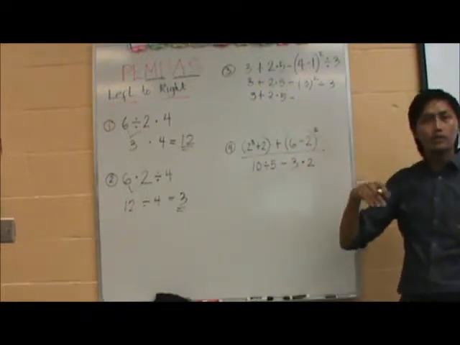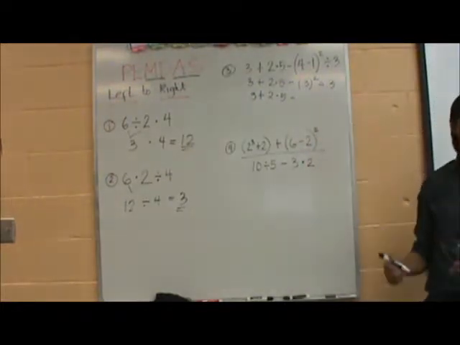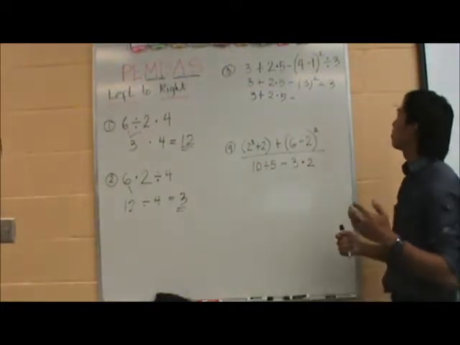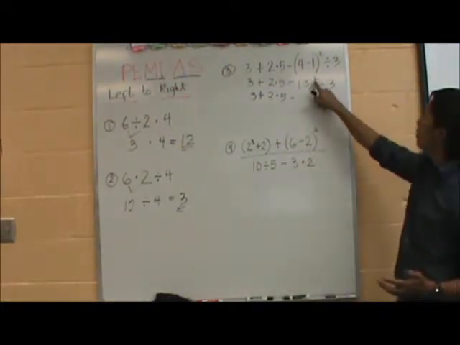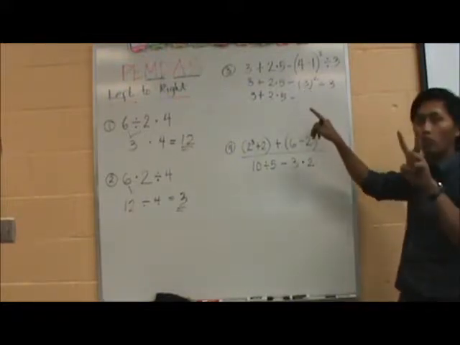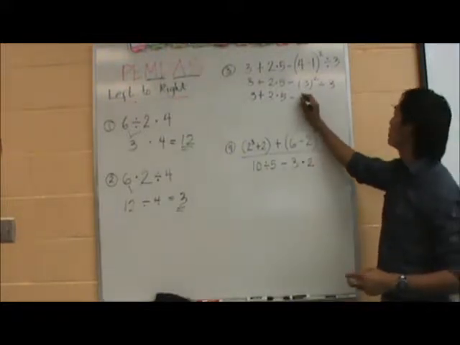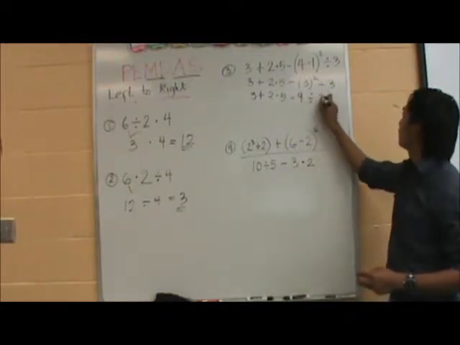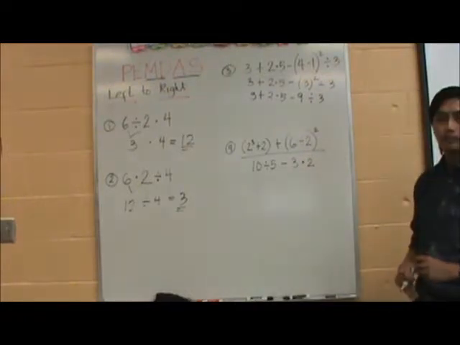You gotta remember, 3 to the second power, the exponent tells you how many times you multiply the number to itself. So here we got the exponent 2, which means we're going to multiply 3 twice to itself, which is 3 times 3 is 9, divided by 3.